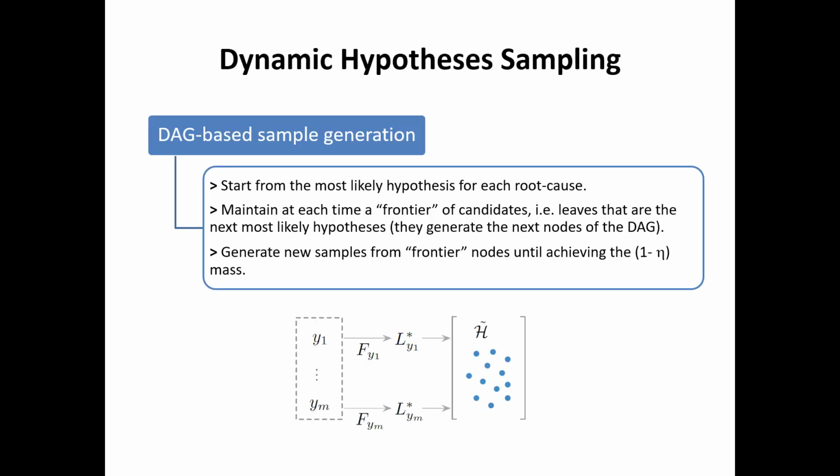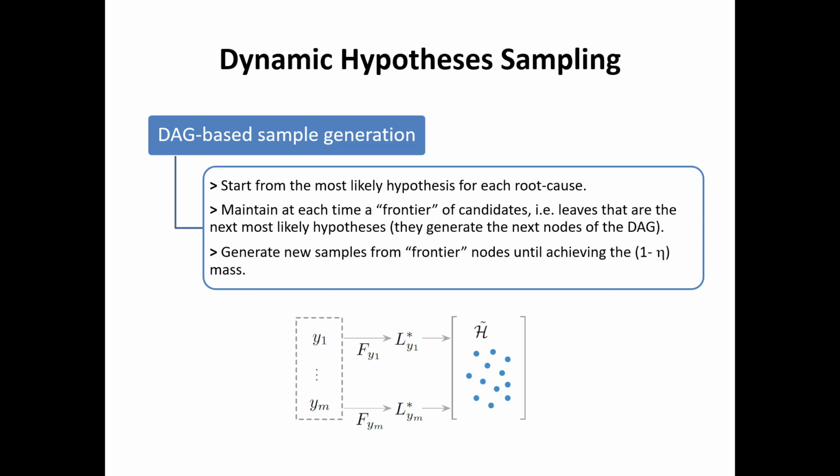Therefore, in order to address this issue, we have proposed an efficient dynamic hypothesis sampling scheme, where the idea is that we generate the most likely hypothesis for every decision region, and we apply the algorithms on this limited hypothesis space.